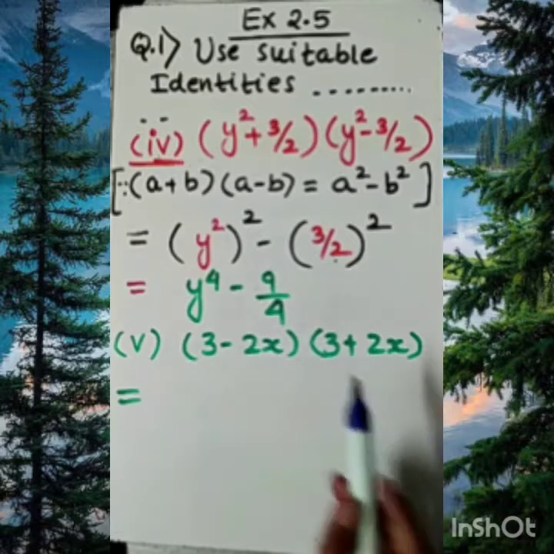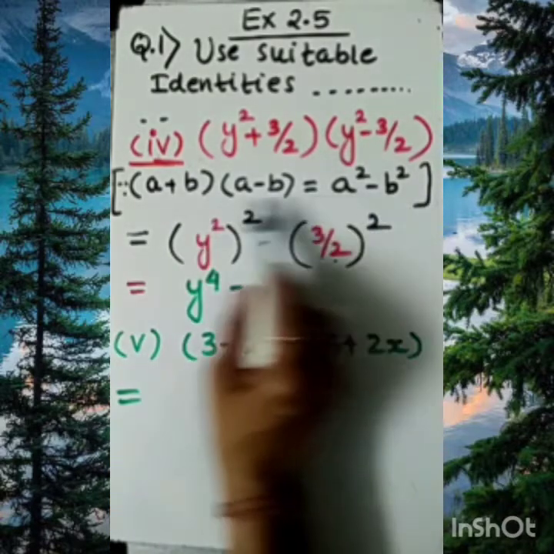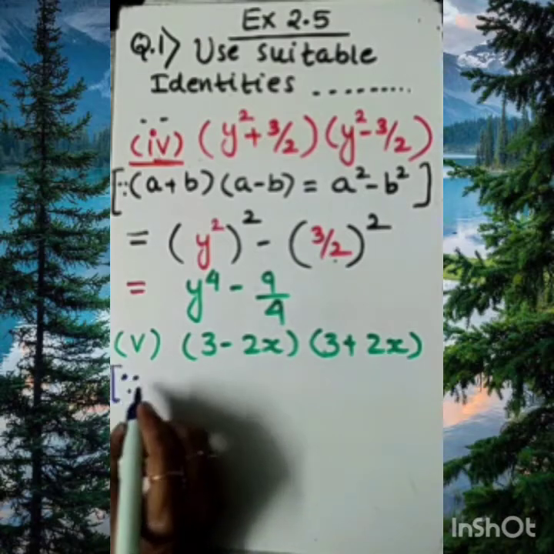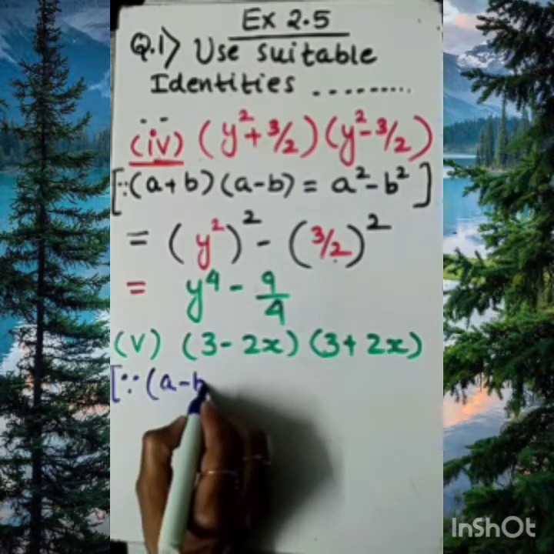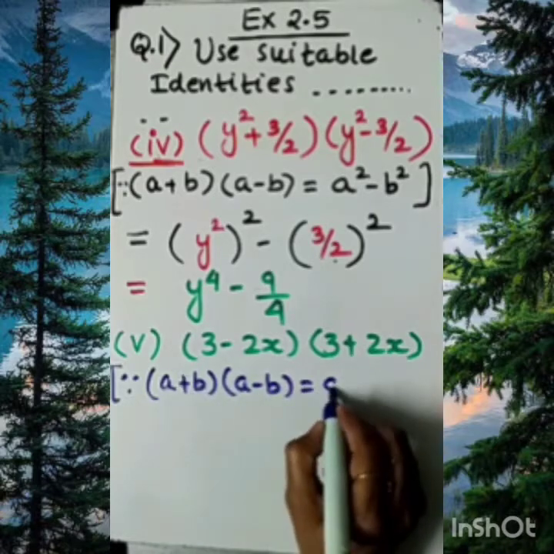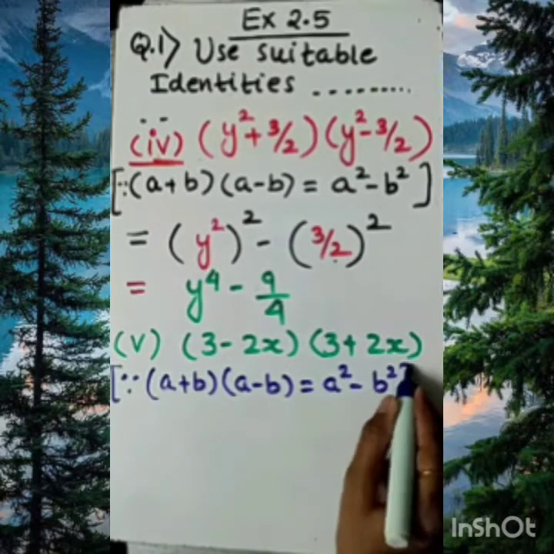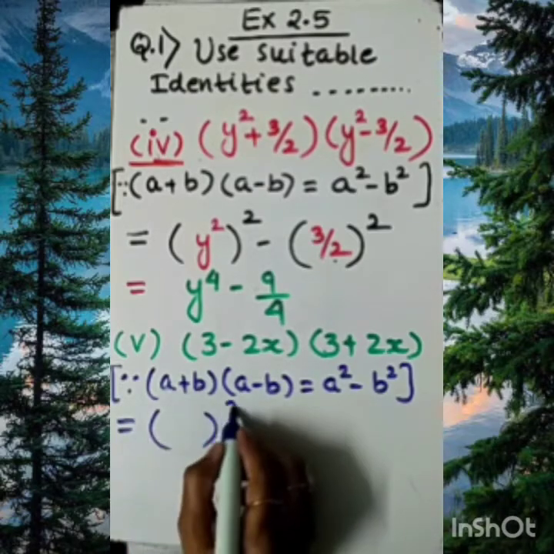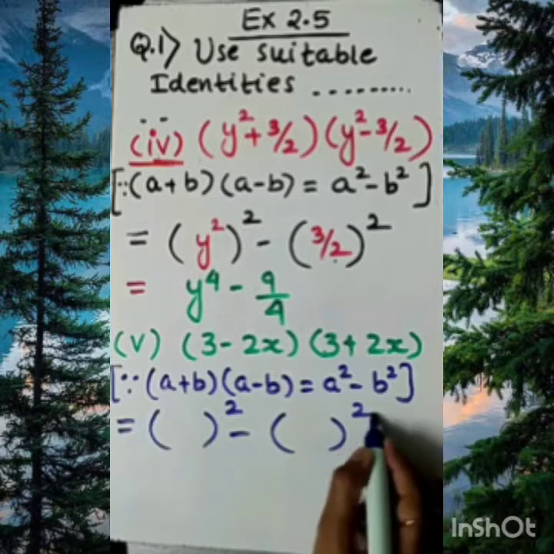Fine. So again we need to apply the same identity. Okay. So we need to mention here which identity we are going to apply. That is a plus b, a minus b, that is equal to a square minus b square.